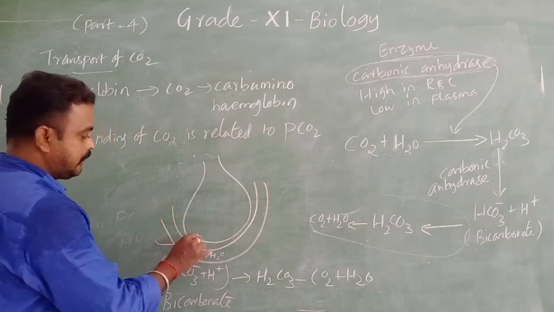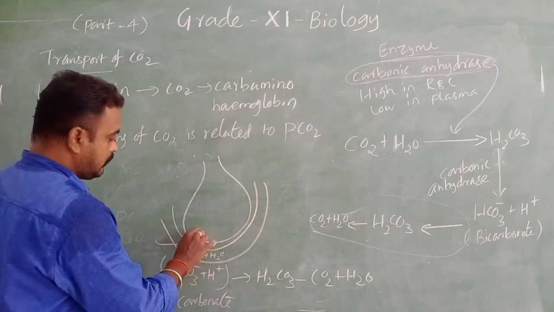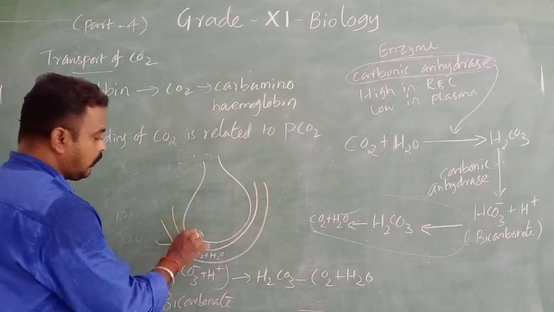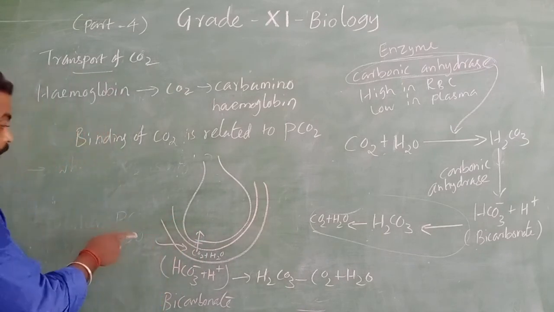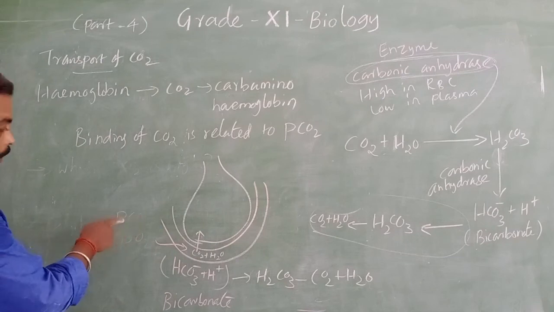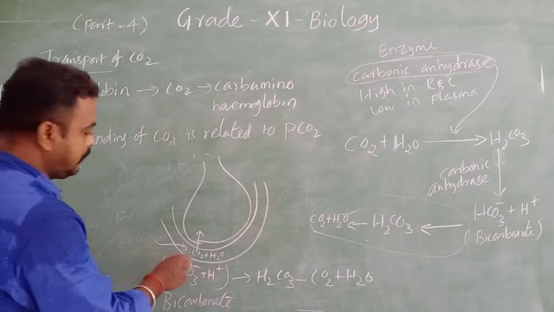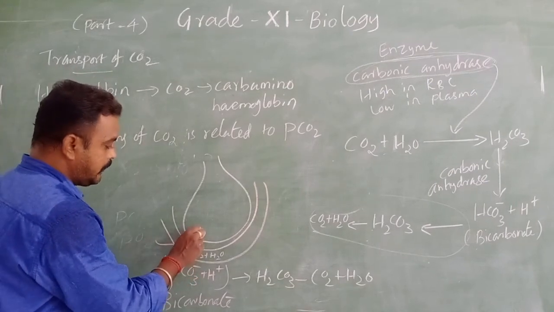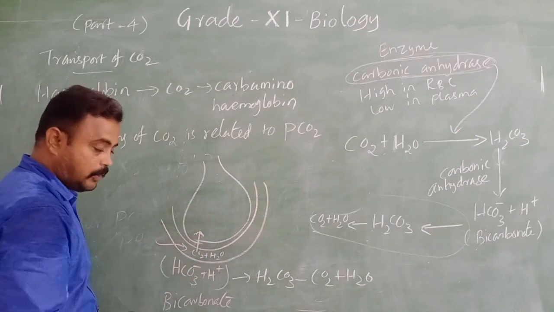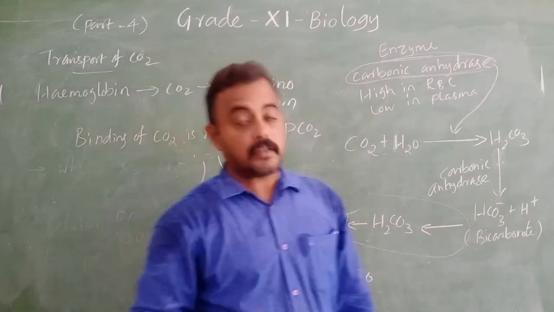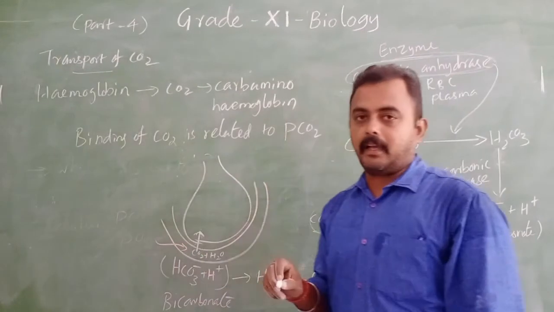So here CO2 plus H2O is released. The carbon dioxide concentration is low here in the alveoli, as I told, the partial pressure of carbon dioxide is low. That means this carbon dioxide gets into the alveoli, then is released to the atmospheric air.